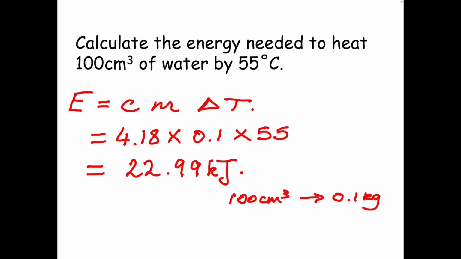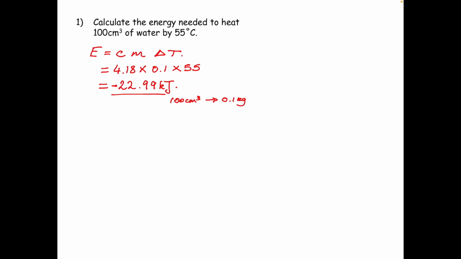That means that when the alcohol, or it could be anything that you're burning, is burned, it itself is losing heat energy. Although the water might be gaining heat energy, the thing that you're burning is losing that heat energy. So we are going to put a negative sign here to tell us that the chemical reaction is losing heat energy. It's exothermic.